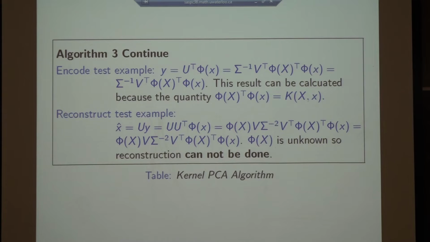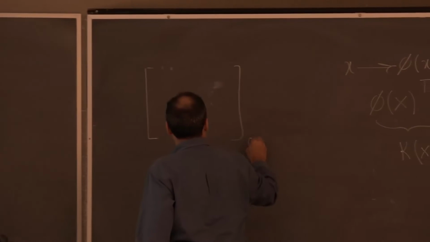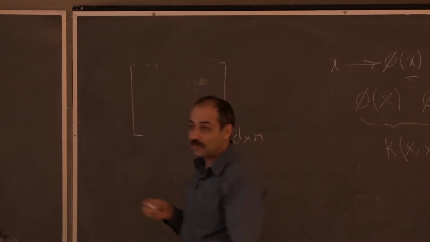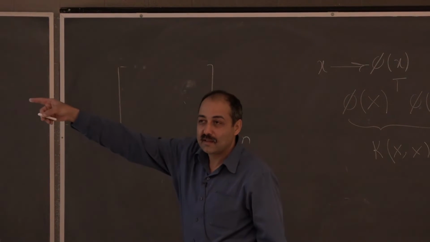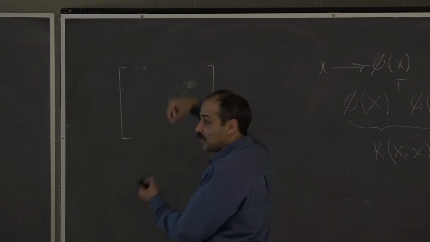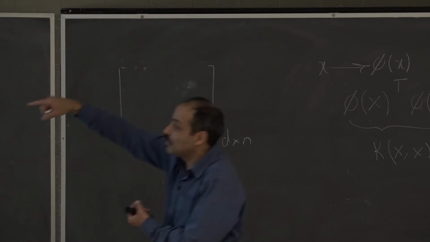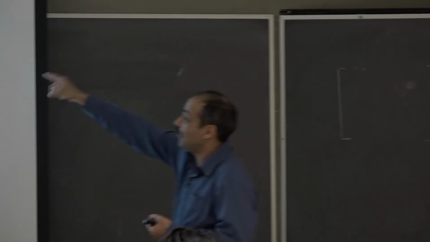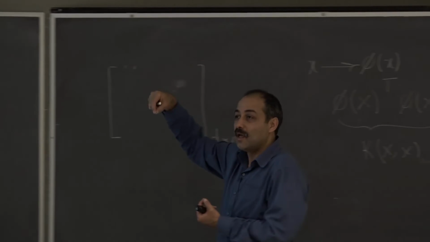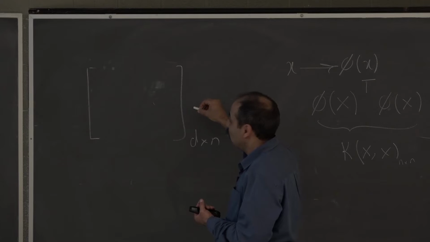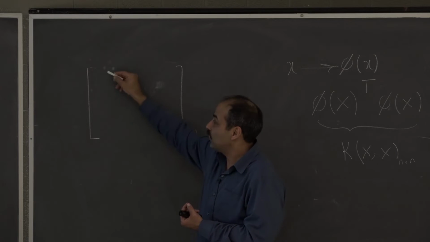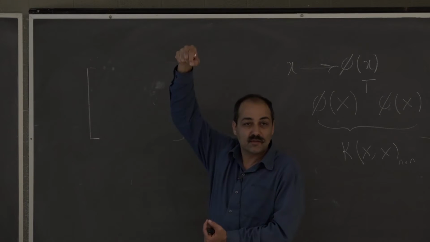Capital X is d by n, all of the data points that you have, and lowercase x is just a new vector, and you want to embed this. It's out of sample. You just need to compute the kernel of capital X and lowercase x, meaning you need to compute the similarity between all of these n data points and this new data point.